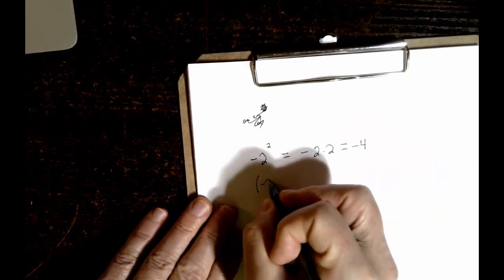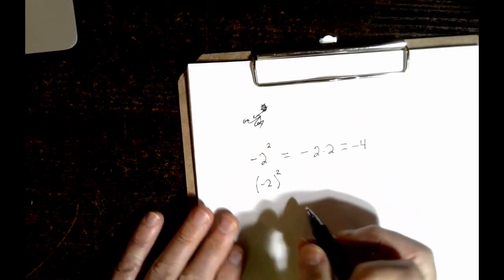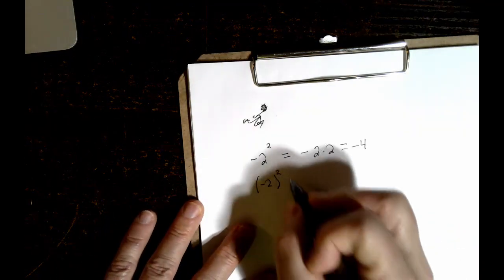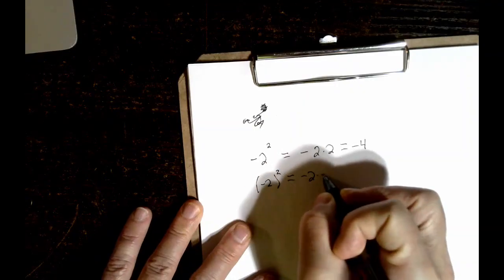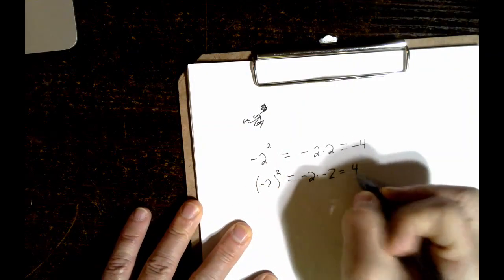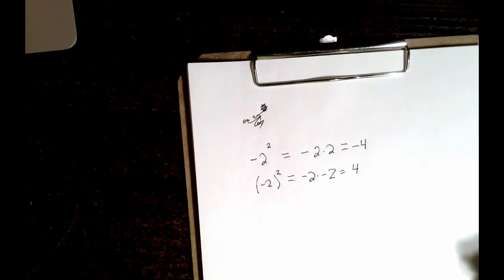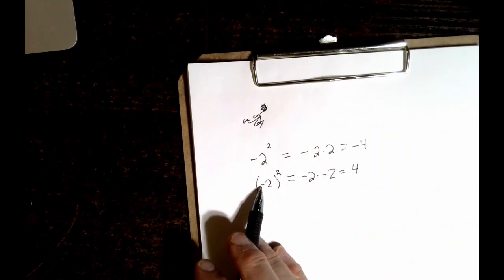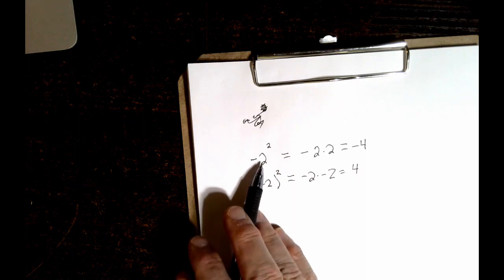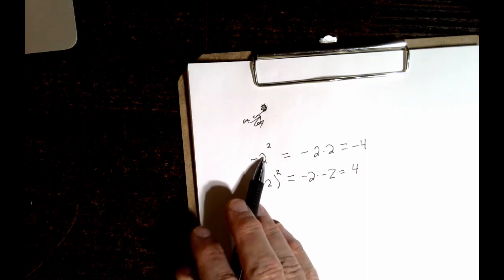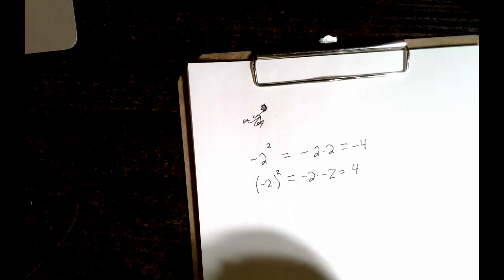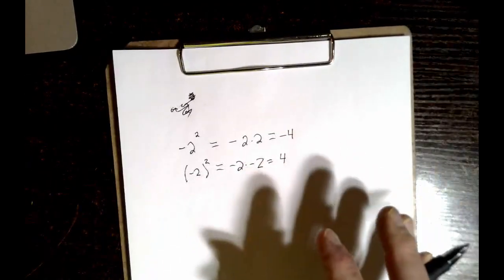But now if you put parentheses around it, your exponent can see the entire number, not just the 2, but the negative as well. And so that's negative 2 times negative 2, which is positive 4. Notice the difference there. When you have parentheses, it allows you to see even the sign in front of the number. Without the parentheses, the number itself is the only thing being written over and over again, not the negative sign. So you want to remember that when you're dealing with exponents.